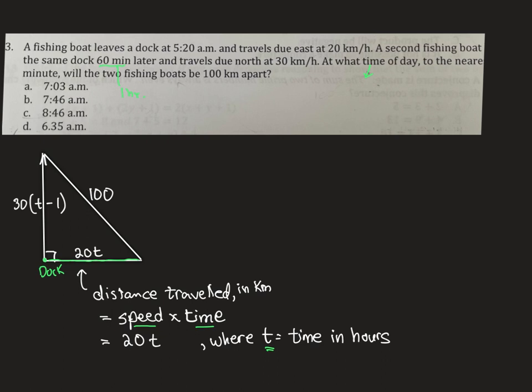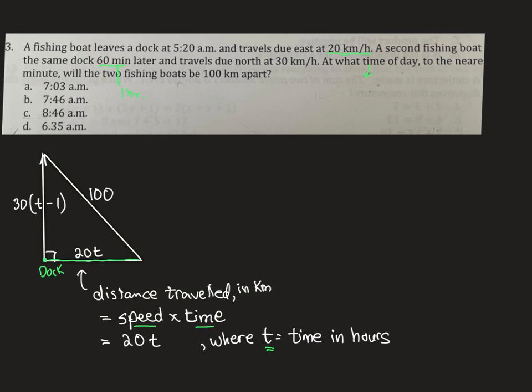By using hours, our speed of 20 kilometers per hour times the number of hours gives you kilometers, which is what we want. So our expression for the distance the first boat has traveled would be 20 times t, 20 kilometers per hour times the time, t, which we don't know.